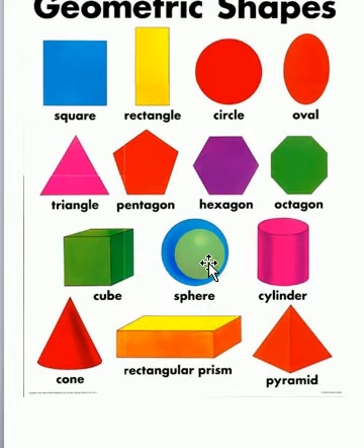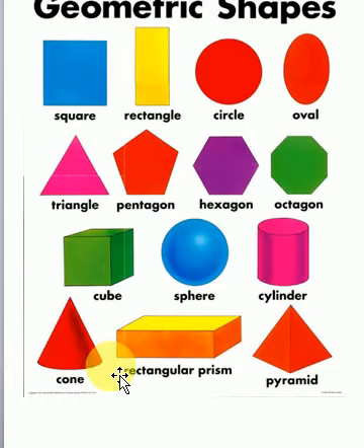Sphere has only one face. Cylinder has 2 bases, one up and another down. These bases have a circular shape. That is a cone.